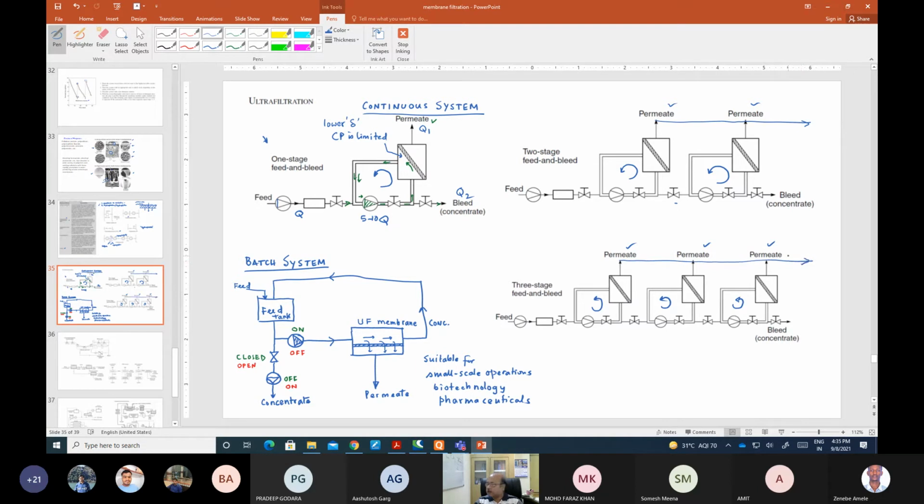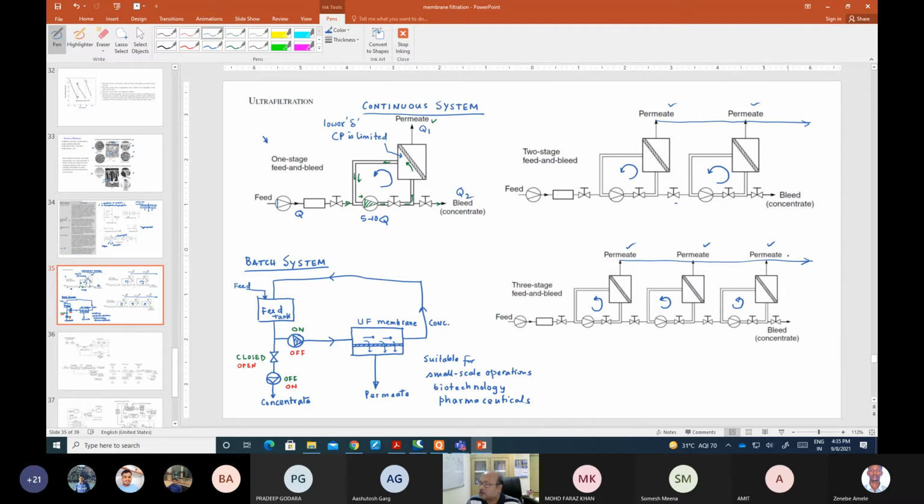Now, what is the benefit of a one stage or two stage process? You must know that we actually require less membrane area altogether if we have a 2 stage or 3 stage process. Normally the 1 stage feed and bleed design is kind of inefficient.